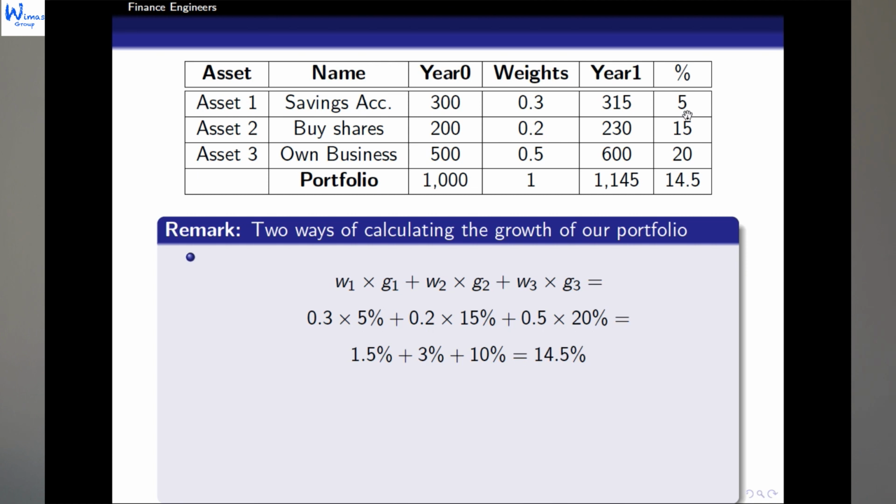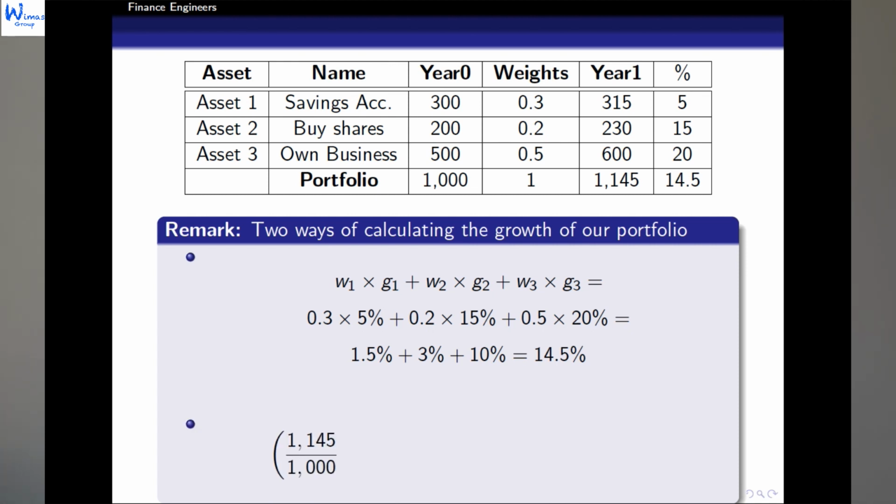That means we take 0.3 times 5% plus 0.2 times 15% plus 0.5 times 20%. This is going to be equal to 1.5% plus 3% plus 10%, which is 14.5%.